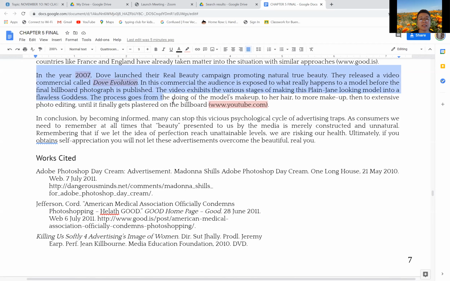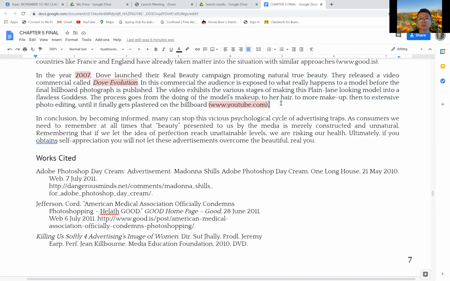So Myra has decided to use a video as one of her sources. And obviously, when you're reading an essay, you can't watch the video. But what she's doing is paraphrasing or summarizing what happens in the video. So it's a video produced by Dove Evolution in 2007. And what the video shows us is how you take this plain Jane model, do her makeup, do her hair, do photo editing, and she looks like a goddess.